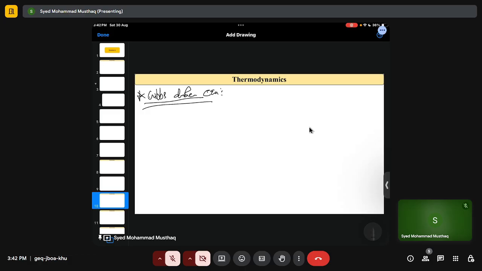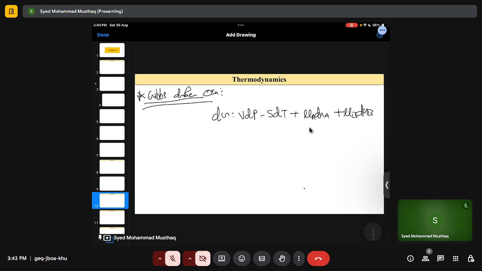So I know my G final will be equal to, or I can write it like this, dG will be equal to V dP minus S dT plus mu A dNA and so on.